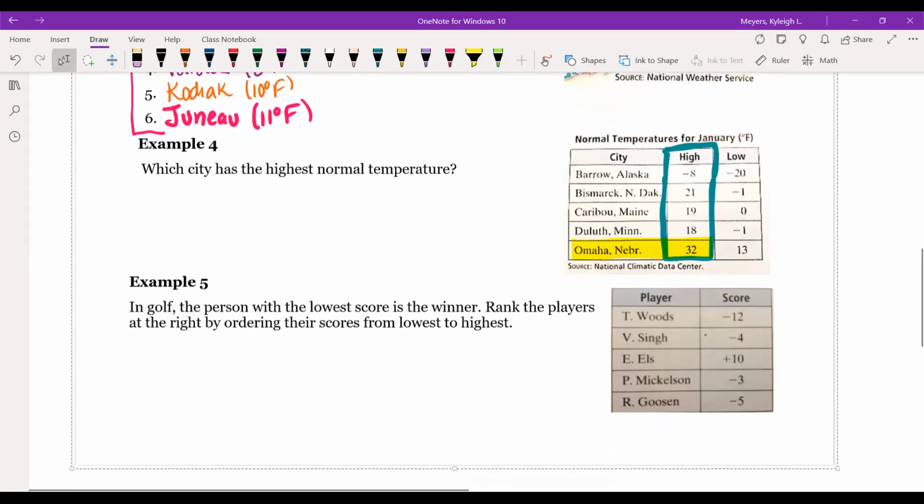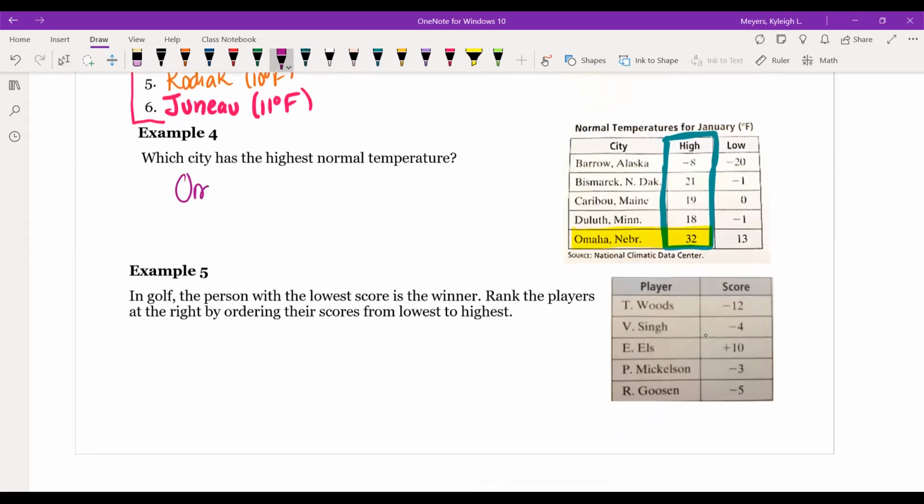Well, it's going to be Omaha, Nebraska, with a temp of 32 degrees Fahrenheit. Okay. And whenever we answer a word problem like this, we always want to end it in a sentence.